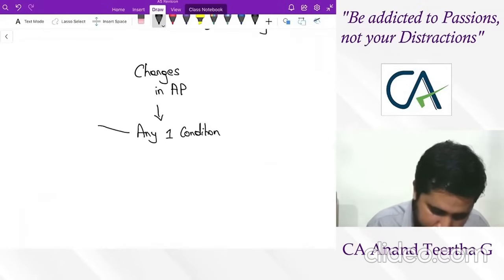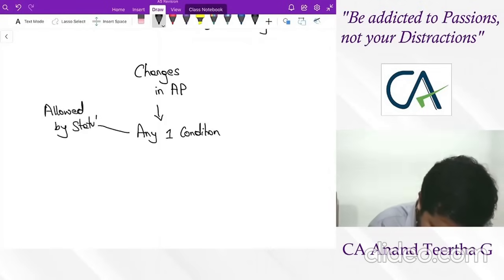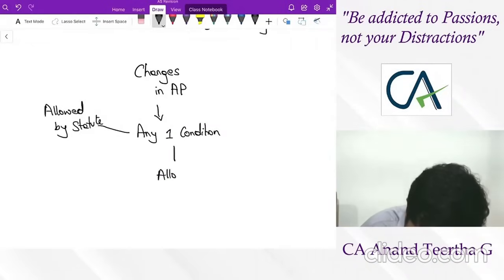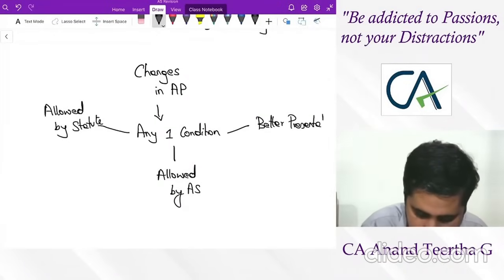So those 3 famous conditions are: 1, allowed by statute or required by statute. Statute basically means law. Second, allowed by accounting standard or required by an accounting standard. Third one, it leads to better presentation of financial statements.